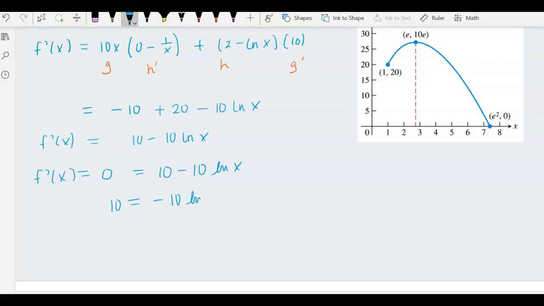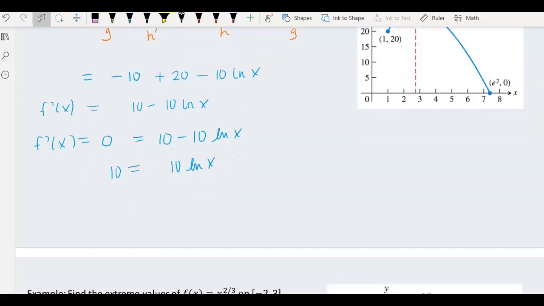Negative 10 natural log of x, that would be positive. Divide both sides by 10. So I'm saying 1 is equal to natural log of x. That's going to happen when x is equal to e. Okay. So we're saying that x equal to e is our critical number.